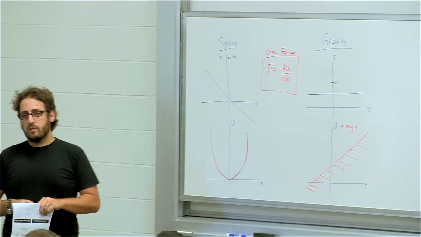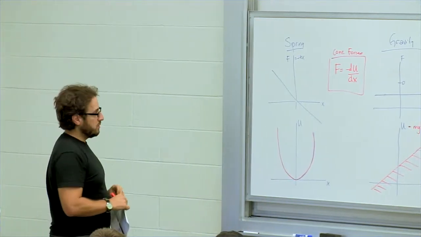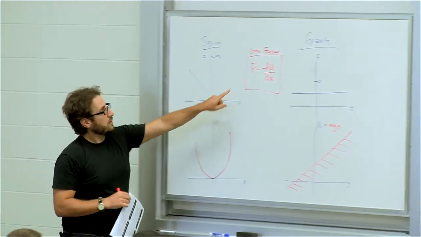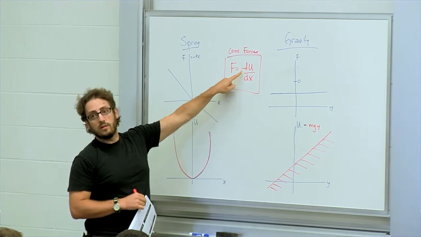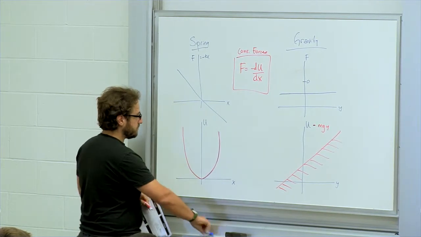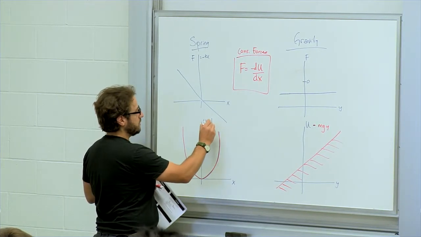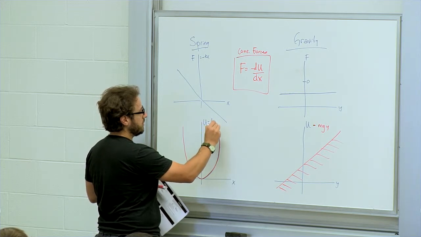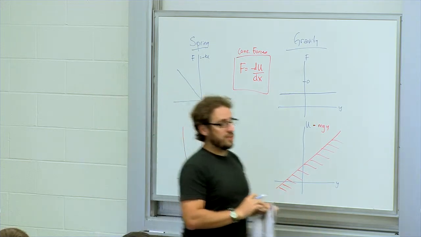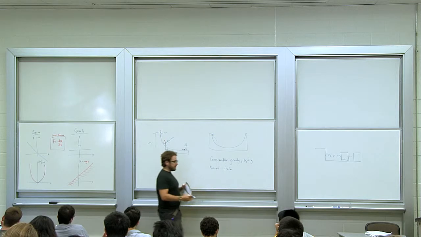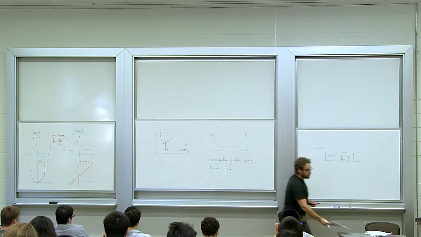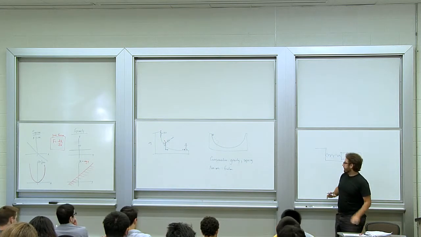Shouldn't the parabola be negative then too? Oh, this guy is, but that's a good idea. Let's think about that. So the nice thing about this is it gives you a rule to derive the force just from the potential.